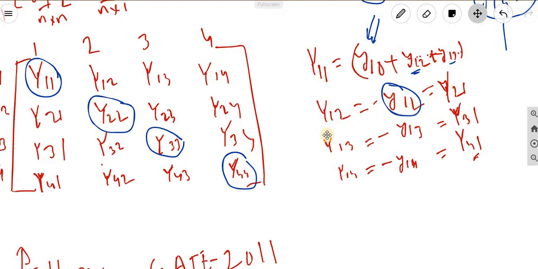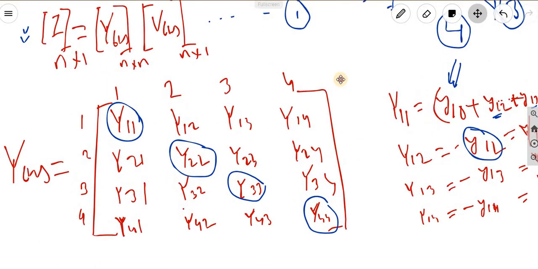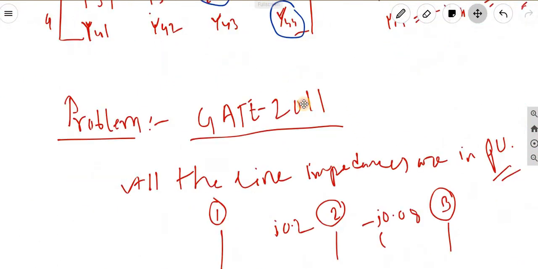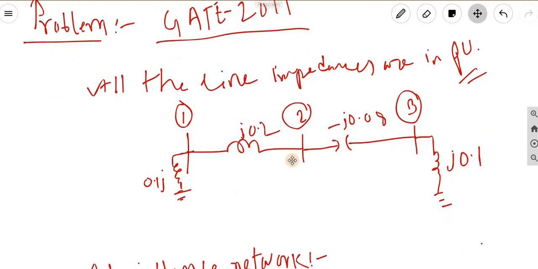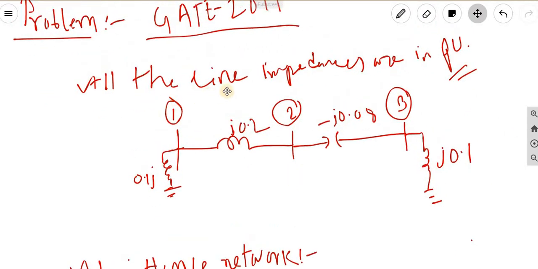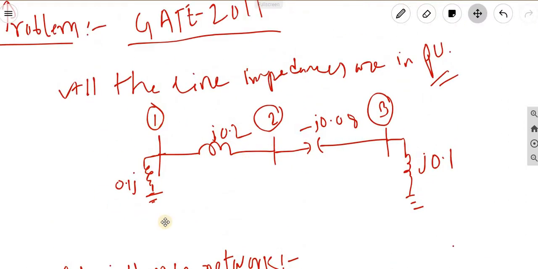So let's take an example from GATE 2012. In that, all the line impedances are given in per unit values. Here an impedance network is given. What is required for this?